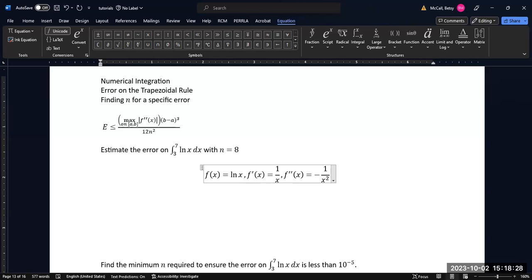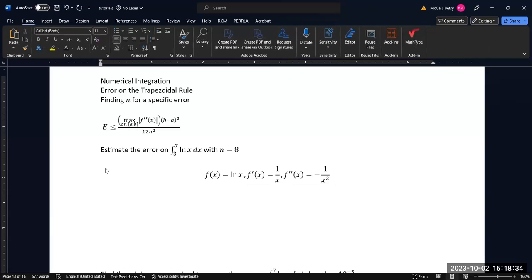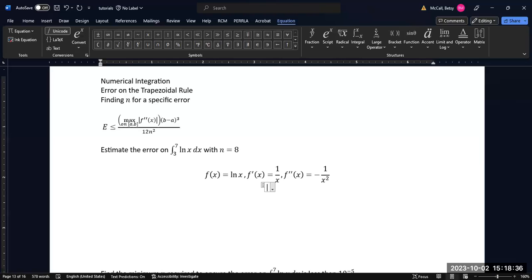Now, we are going to find the maximum of the absolute value of this function. So the absolute value of f double prime of x is going to be 1 over x squared. It does not have the negative sign on it, so we don't have to worry about that.